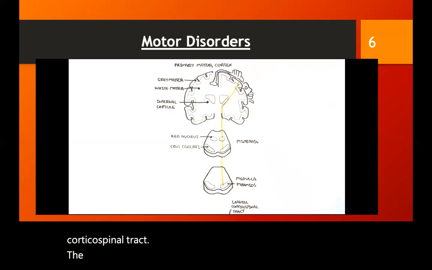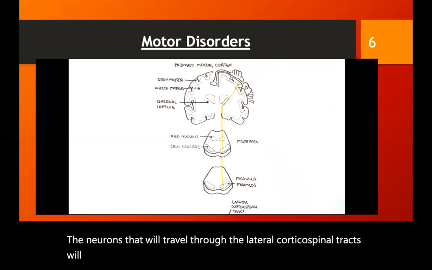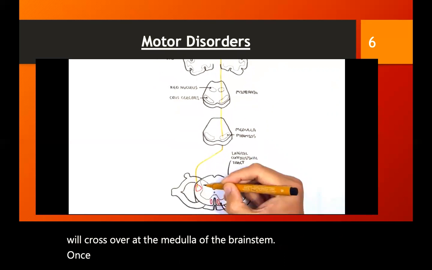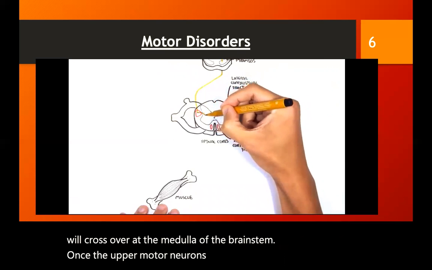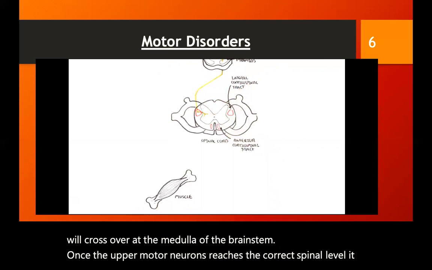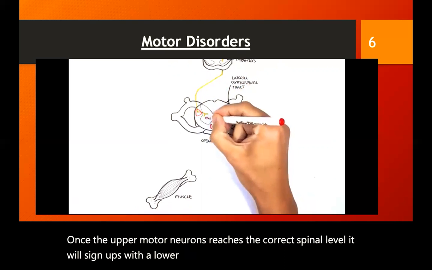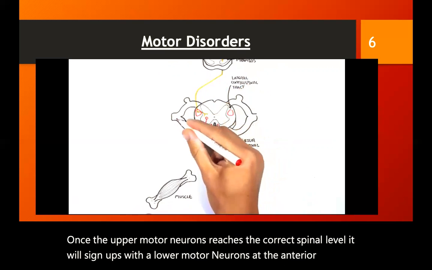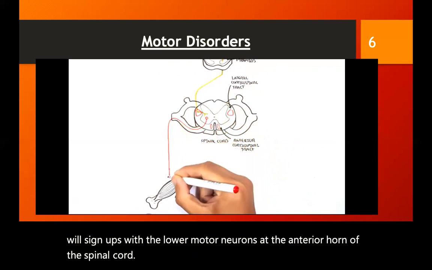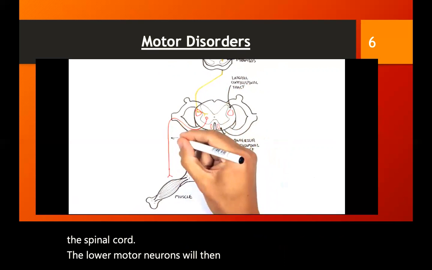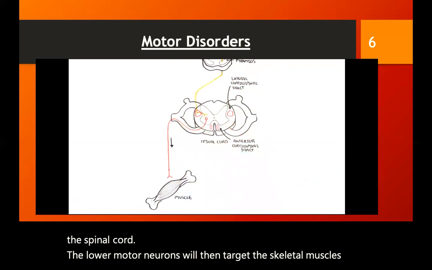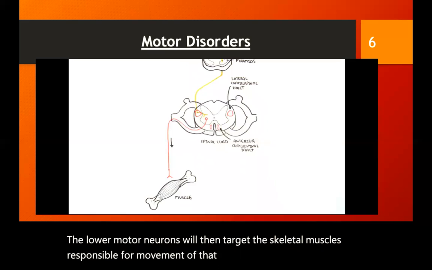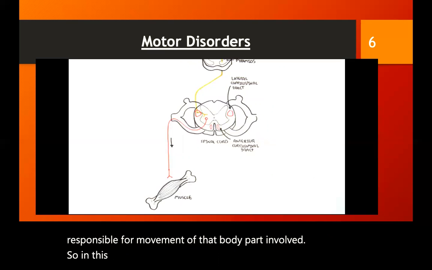The neurons that will travel through the lateral corticospinal tracts will cross over at the medulla of the brainstem. Once the upper motor neurons reaches the correct spinal level, it will synapse with the lower motor neurons at the anterior horn of the spinal cord. The lower motor neurons will then target the skeletal muscles responsible for movement of that body part involved. So in this scenario, it is the muscles involved in the right thumb movement.